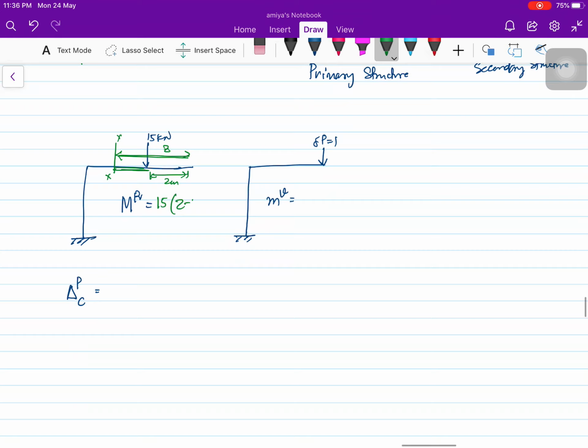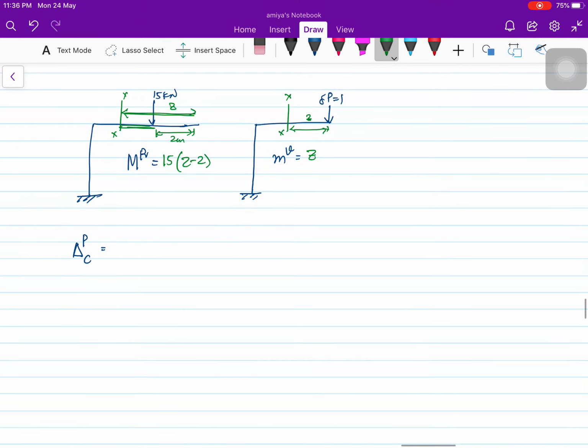Similarly, if I take a section at distance Z, the virtual moment is 1 multiplied by Z, so it is Z. Integrating, the real moment is 15 multiplied by Z minus 2, divided by EI, multiplied by Z, the virtual moment, dz.